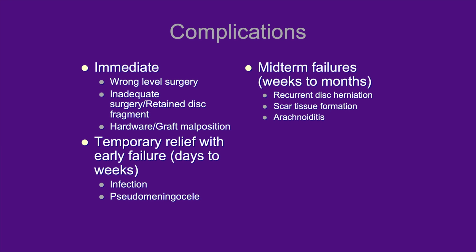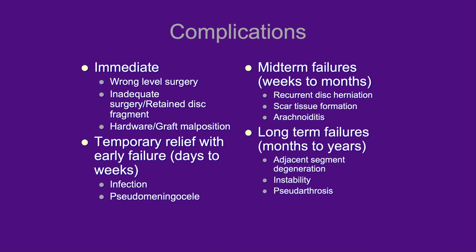In the midterm period, we can see recurrent disc herniation, scar tissue formation, or arachnoiditis. In the long-term period, months to years, we see the mechanical effects of adjacent segment degeneration, instability, or pseudoarthrosis, and then the anytime complications.